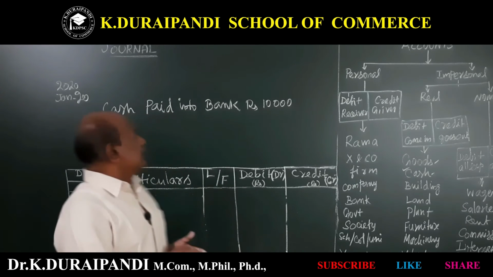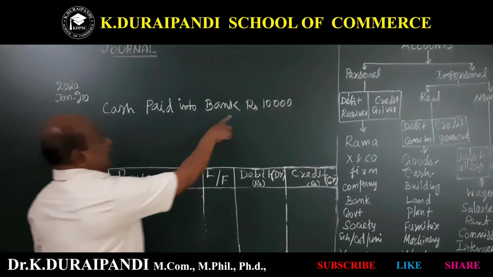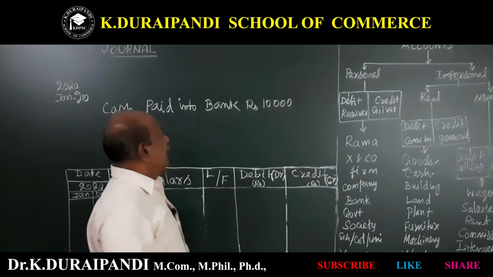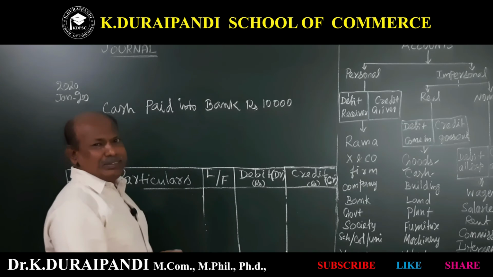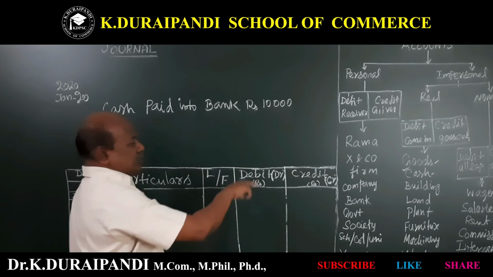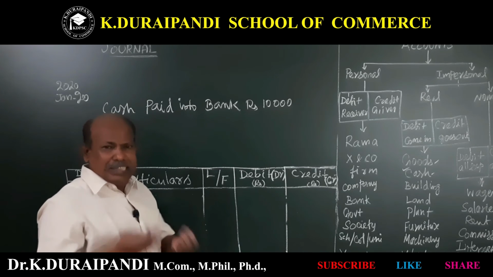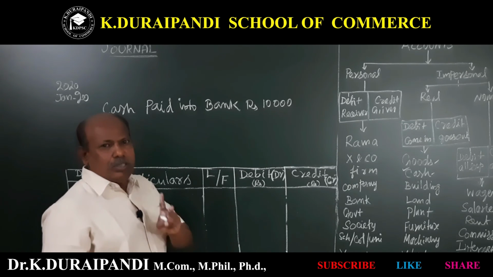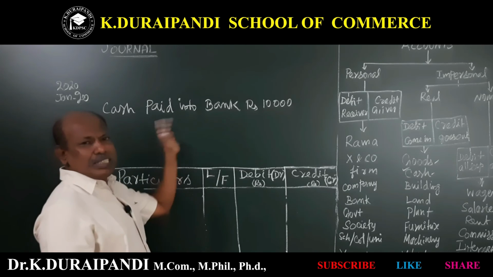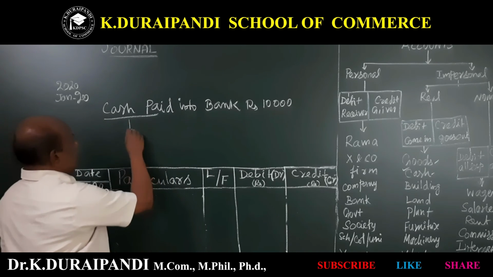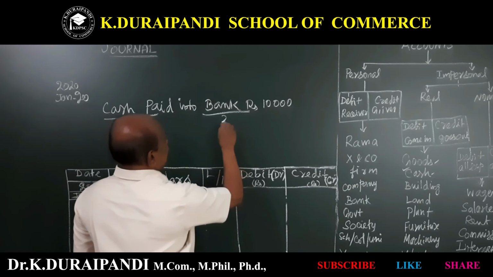See the next transaction: cash paid into bank, rupees 10,000. Here it is a bank transaction. Bank is a personal account. To write a journal, we need two accounts. We have two accounts here: one is cash, another is bank.